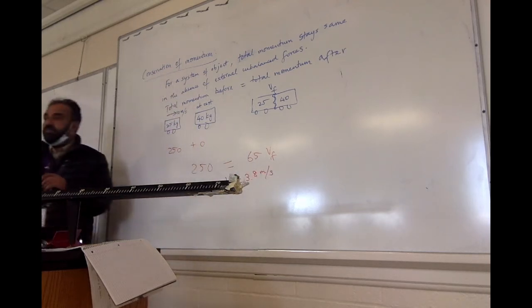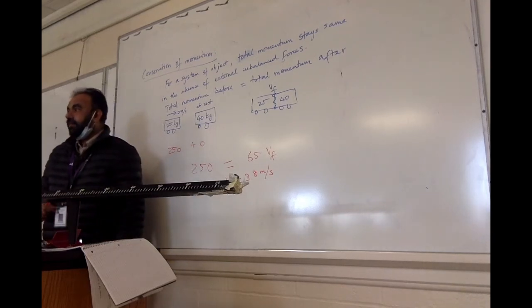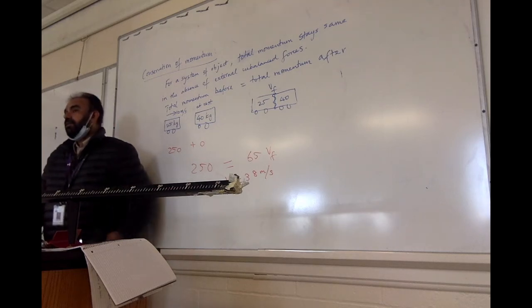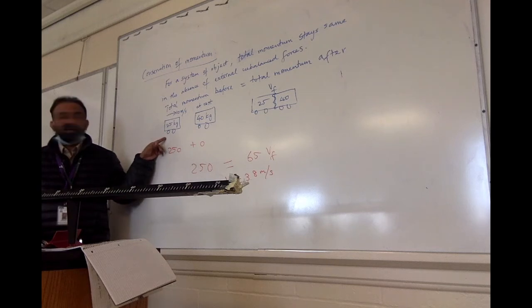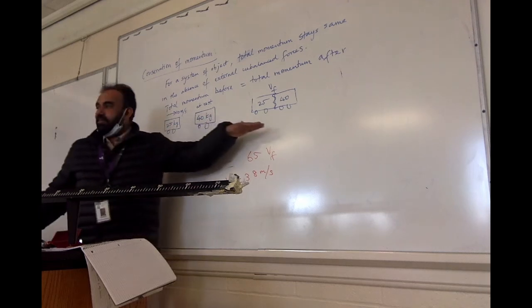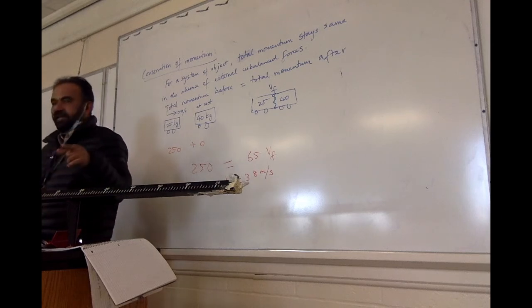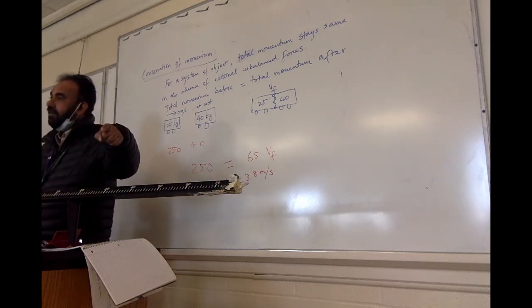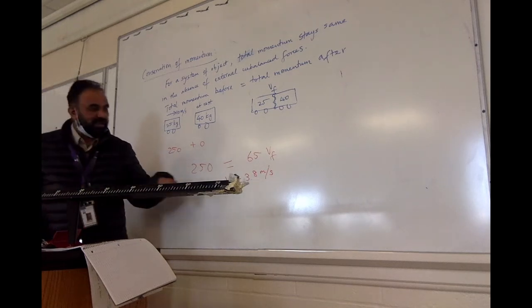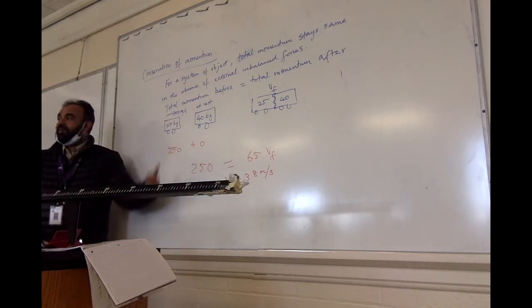So if this really happens, this is the final velocity. Now these kind of calculations are normally done even by cops. If someone actually is driving a car and bumping into a stationary car and then drags the car a certain amount of distance, the cops will come and look at all the tire marks and measure how far, use the coefficient of friction of the road with the tires, and then he'll be able to find out how fast, and therefore work backwards and find out how fast he came and hit.